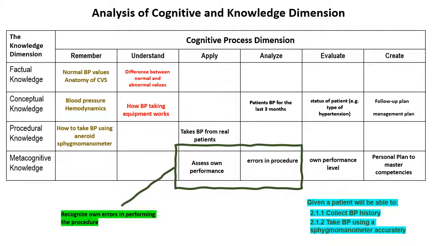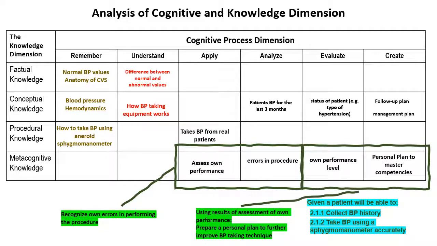Then you will have: recognize own errors in performing the procedure, if you bring down the apply analyze dimension. And for the performance level, you can add: using results of assessment of own performance, prepare a personal plan to further improve BP taking techniques.